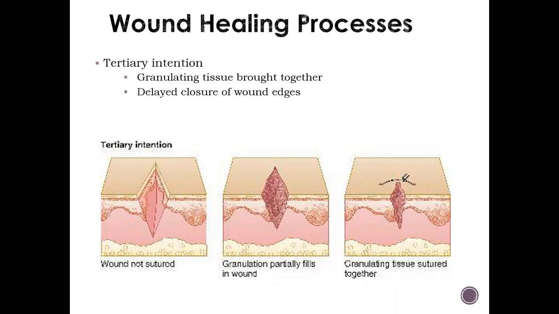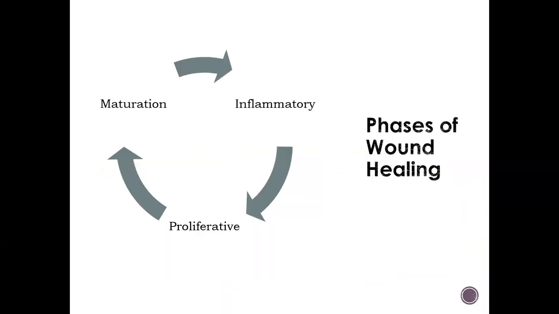These wounds require a strict aseptic technique during all dressing changes, because again, they started as healing by that secondary intention, which are at an increased risk for infection. Tertiary intention healing creates less scarring than secondary, but it will have more scarring than primary.